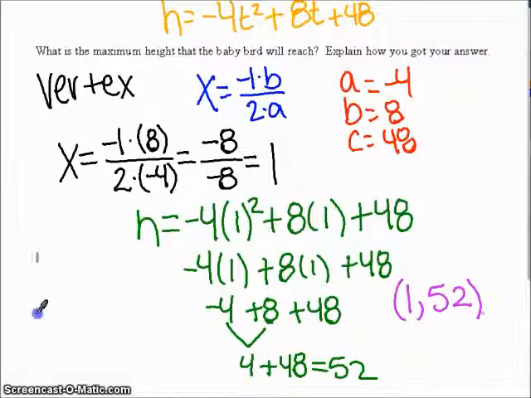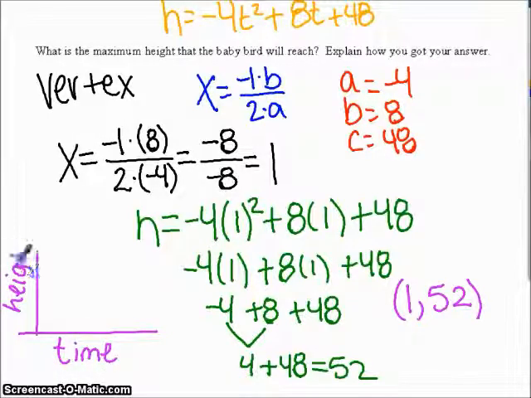Again, if we go back and look at a sketch of what our graph will look like, we know that time goes on the x-axis and height goes on the y-axis. So that means what's in the place of the x-coordinate is going to be our time, and what's in the place of our y-coordinate is going to be our height.